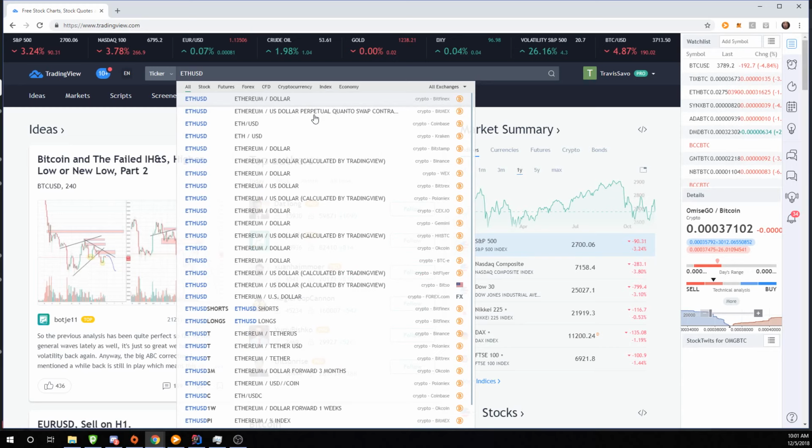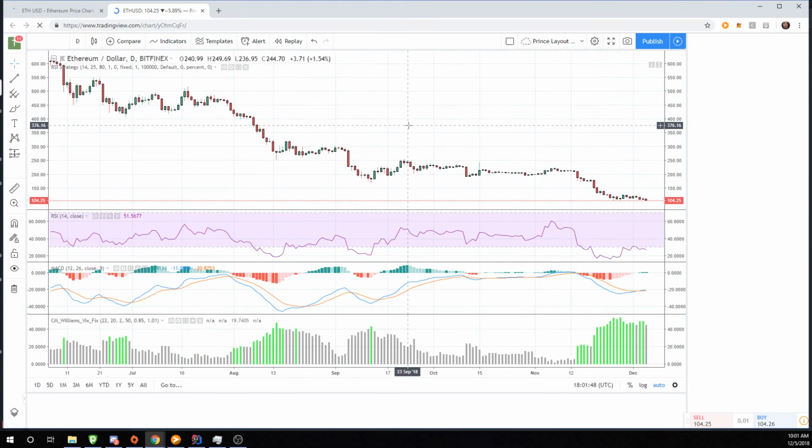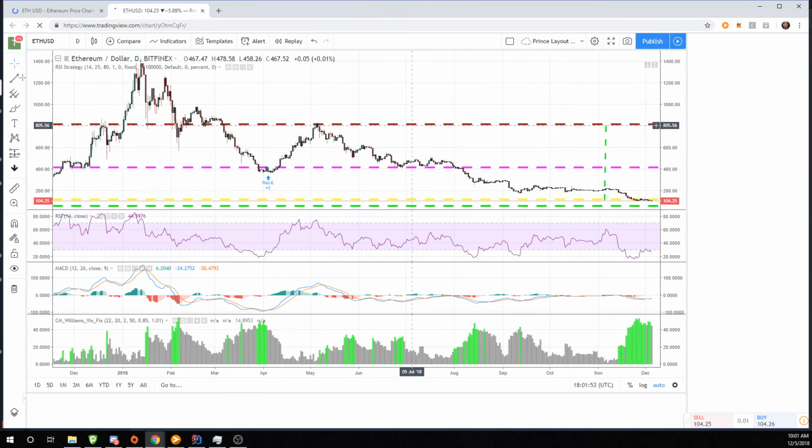Just pulling up a chart here. Sure, we'll do Bitfinex. We described it in terms of a range that we're going to trade. And then we described that range in terms of an integral that we wanted to integrate our allocation over.